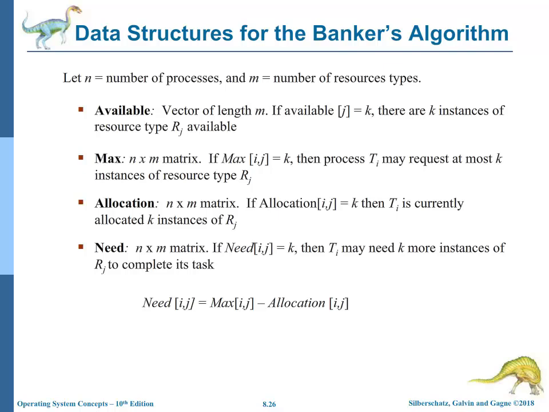Need is a 2D array of size n × m that indicates the remaining resource need of each thread. Need[i][j] = k means thread Ti currently needs k instances of resource type Rj. Need[i][j] = Max[i][j] - Allocation[i][j].